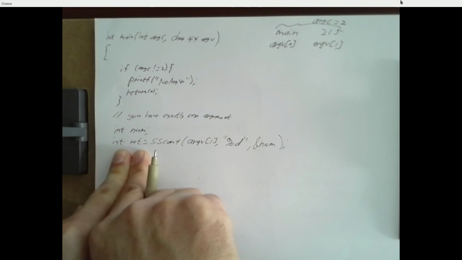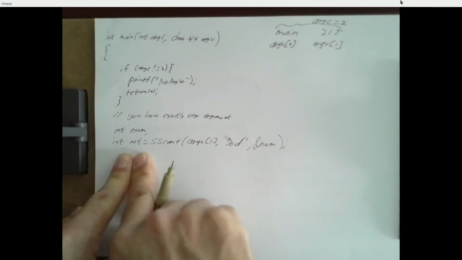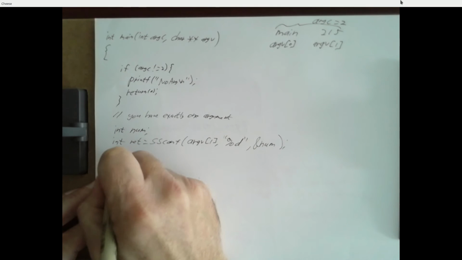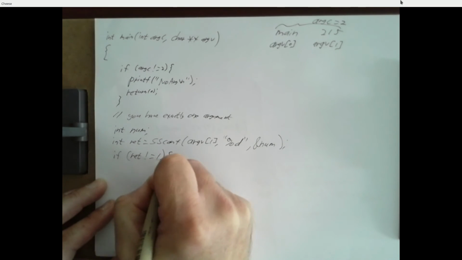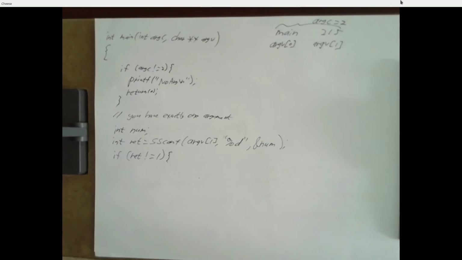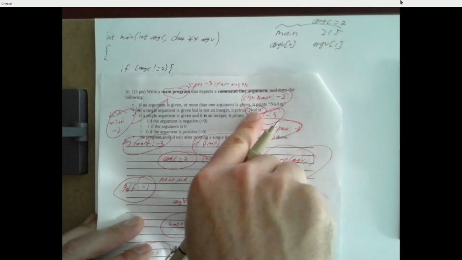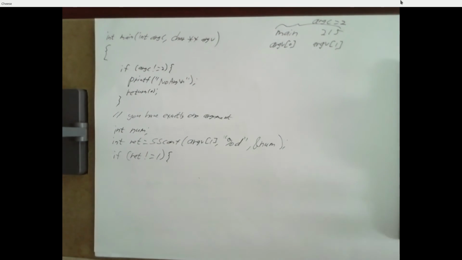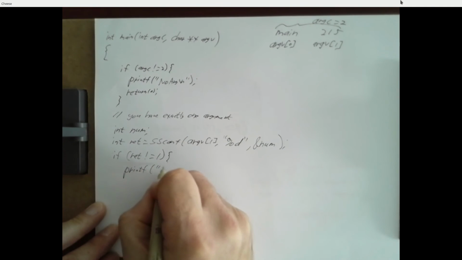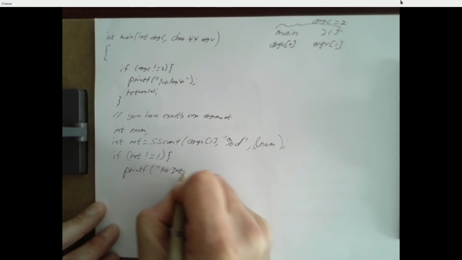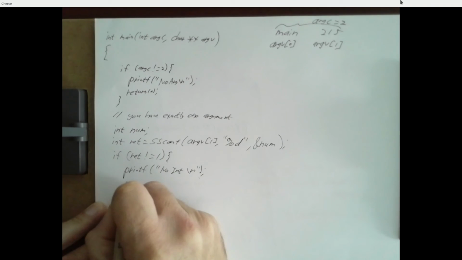So how do we know if scanf succeeded in this case? Yeah, see if the return value equals 1. So if the return value is not 1, what do we do? Well, we print out the message no int. And we return.